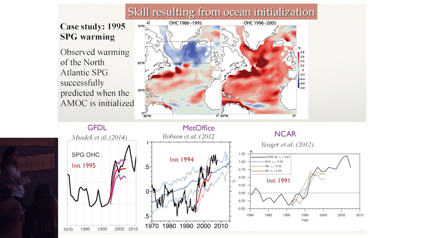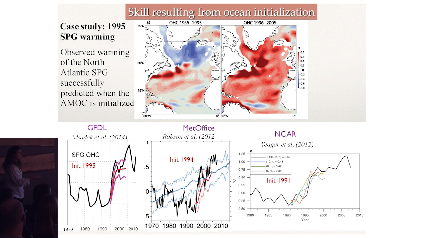So the observations and different reanalyses are able to reproduce that the North Atlantic subpolar gyre over the decade before 1995 was quite cold, anomalously cold, and then there is a shift toward a warming of the North Atlantic subpolar gyre, giving you the whole North Atlantic warmer by about 1 degree over the upper 700 meters than climatology.